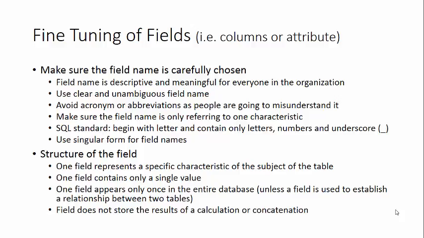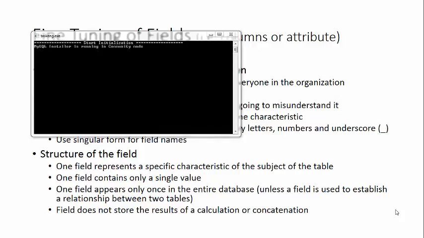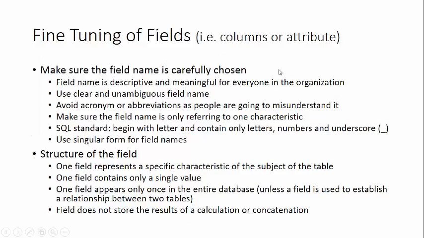For the field itself, in addition to the name, there are a few other good properties that you need to keep in mind, related to the structure of the field. First of all, one field represents a specific characteristic of the subject of the table, one field contains only a single value, and one field appears only once in the entire database.